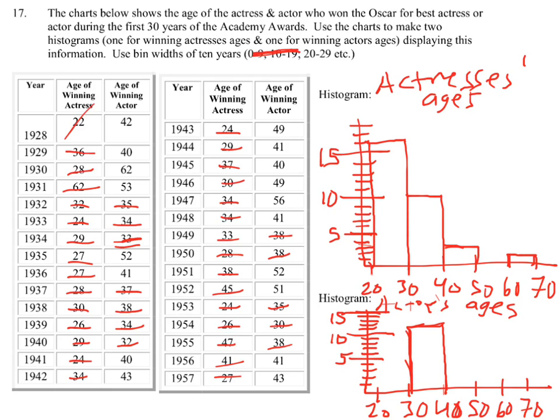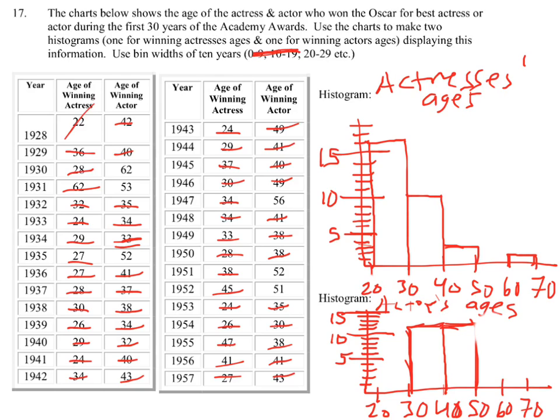Trying to make my bar a little bit less hideous. Next is 40s. So we got 1, 2, 3, 4, 5, 6, 7, 8, 9, 10, 11, 12. So we got 12 on that one too. So that one's going to be the same height, just as many in the 40s.